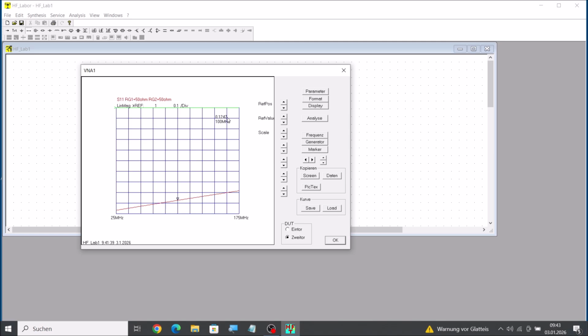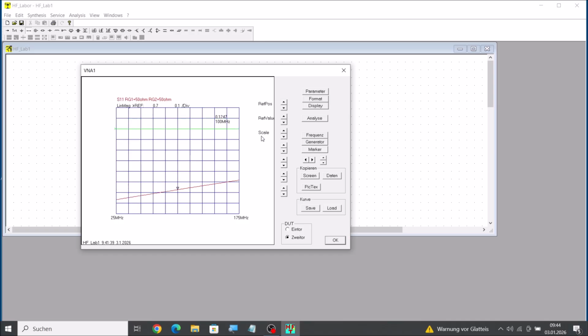So this is very near to our approximation we already got in the example. And of course we can also, for example, change the reference value and the reference position, like this.